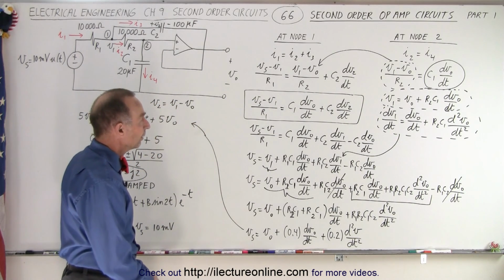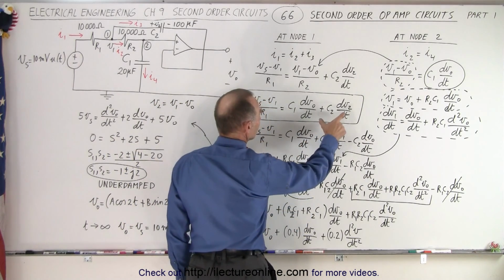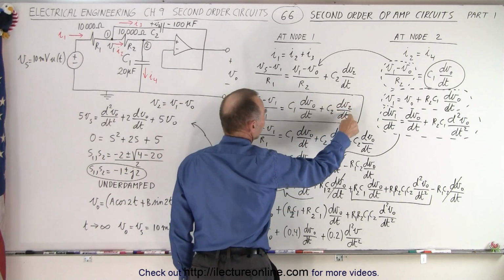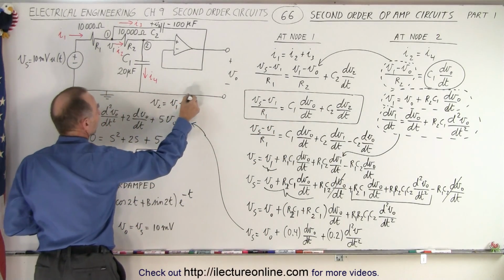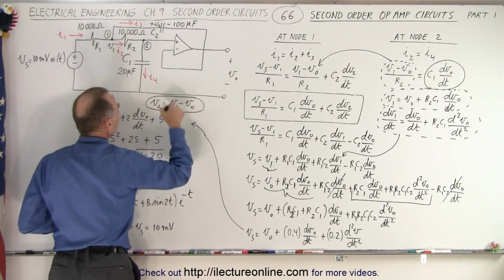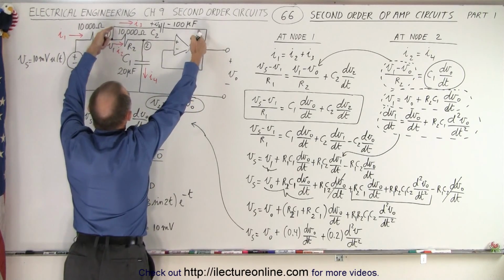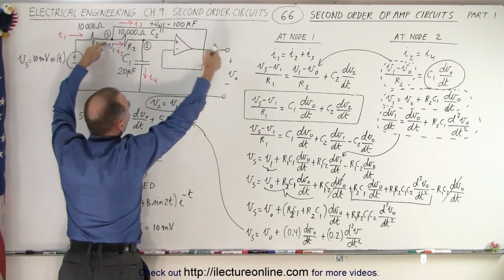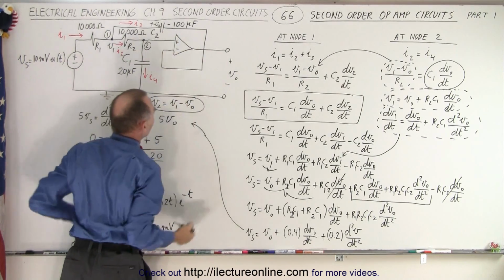Another thing that we can do is take the derivative of V2 with respect to time and replace it. How can we do that? Notice we could say that V2, which is the voltage right here, is equal to this voltage minus the output voltage. So V1 minus the output voltage is equal to V2.